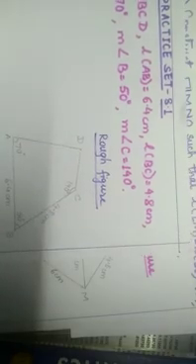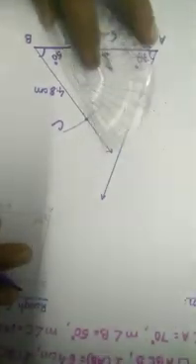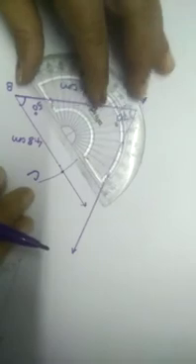Now what is given again? From C the angle is 140 degree towards D. So we will put a protractor on C. Let us rotate this, and where is our C? Let us see here.